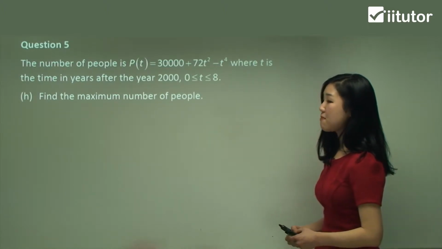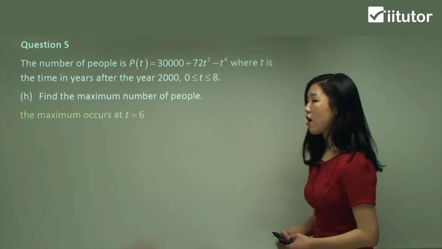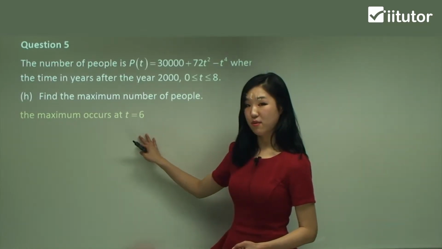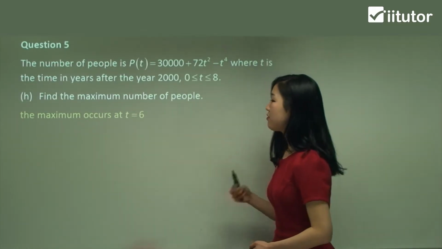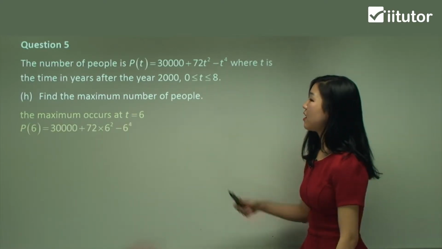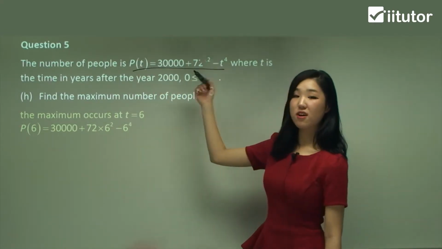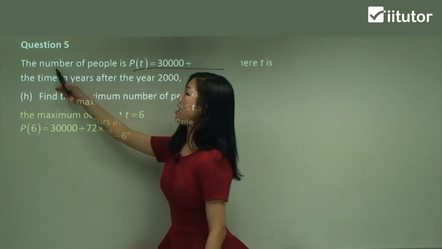Now H, find the maximum number of people. Okay, well the maximum occurs at T equals 6. We found that in the previous part, haven't we? So to find the maximum number of people, what should we do? We should sub it into this equation here. Because what does this equation tell us? It tells us the number of people.